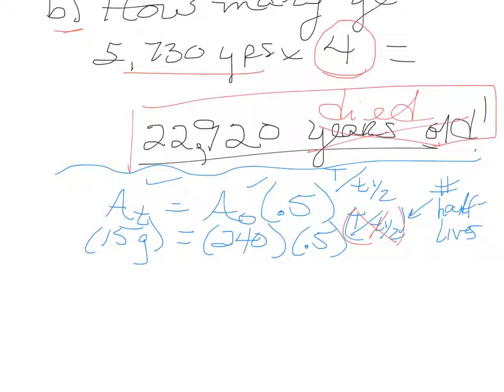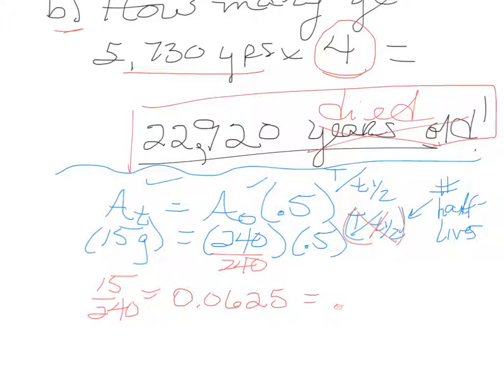All right, so let's do some rearranging. Let's divide both sides by 240, okay? And that is 0.0625 equals 0.5 raised to some exponent x, which will be our number of half-lives.